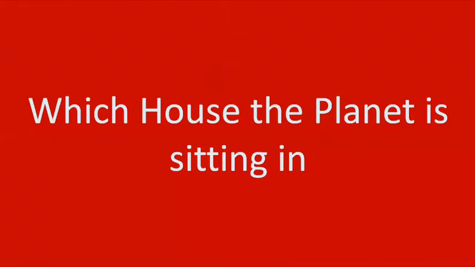At the same time, trine houses, the 5th and 9th houses, are Trikona bhavas. If a planet sits in the 5th or 9th house, these houses are also auspicious. So that's also important. If a benefic planet sits in a benefic house, it's going to give you wonderful results.